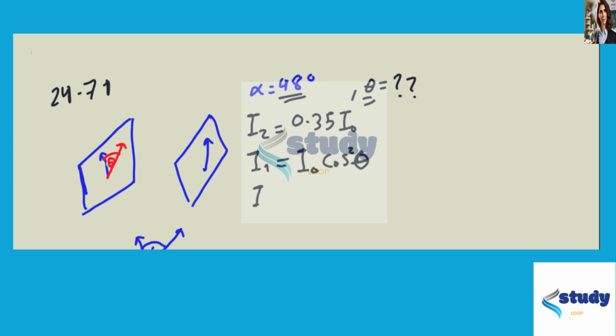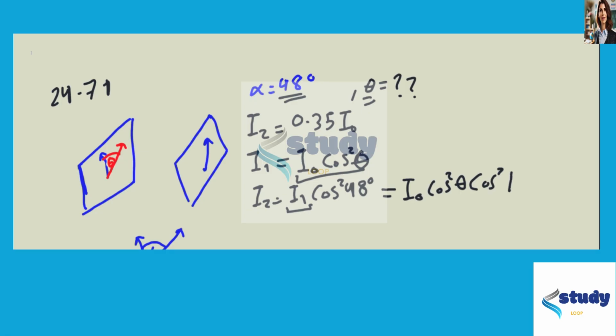So I2 will be just I1 times cosine squared of 48 degrees. But we know that I1 is I naught cosine squared theta, so I2 is equal to I naught cosine squared theta cosine squared 48.